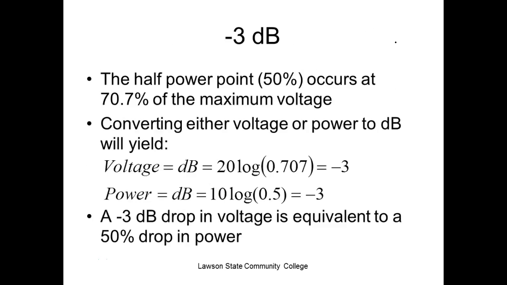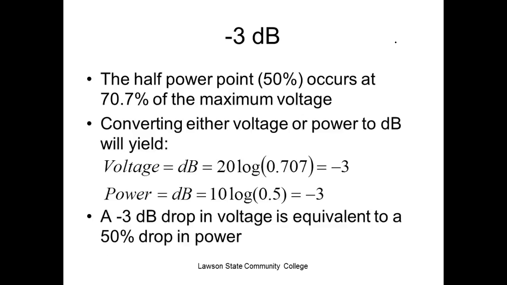So what we're going to do is we're going to get dB losses all the time, and this is what they're going to say. So it says half power point occurs at 70.7% of the maximum voltage, converting either to power gain. So this is power. So notice what I did. I just said 70.7% of the voltage.